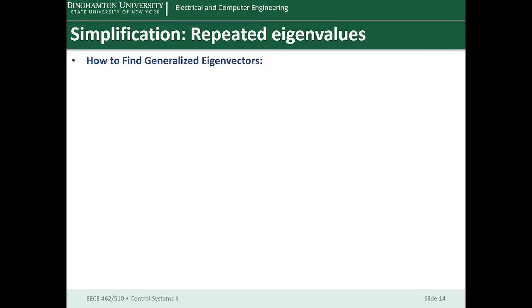Now let's finally discuss how to find generalized eigenvectors, and more importantly, how to determine how far we can extend each chain. We start with an eigenvalue, let's call it λᵢ, which has an algebraic multiplicity of mᵢ and a geometric multiplicity of gᵢ.